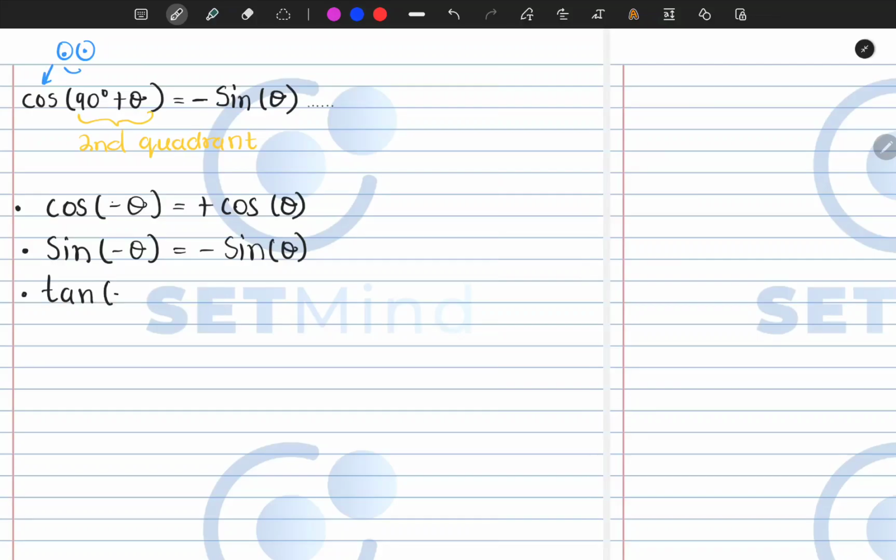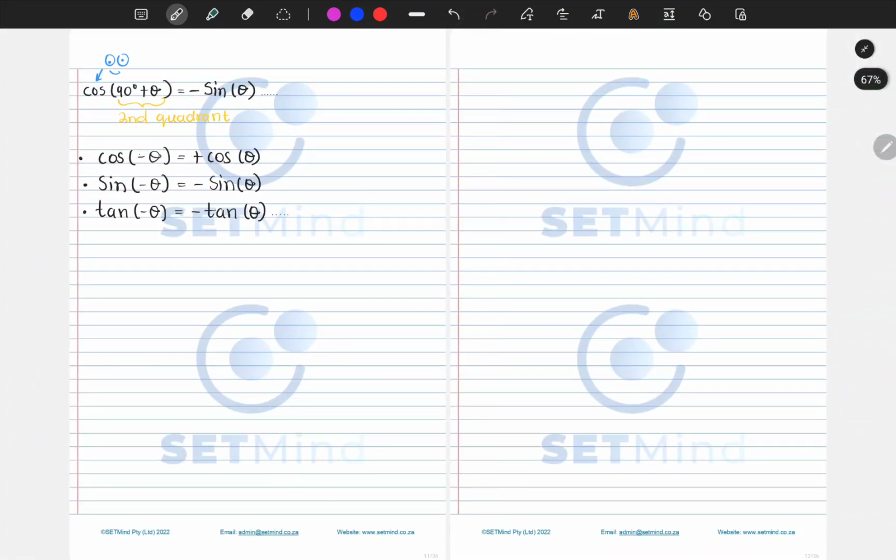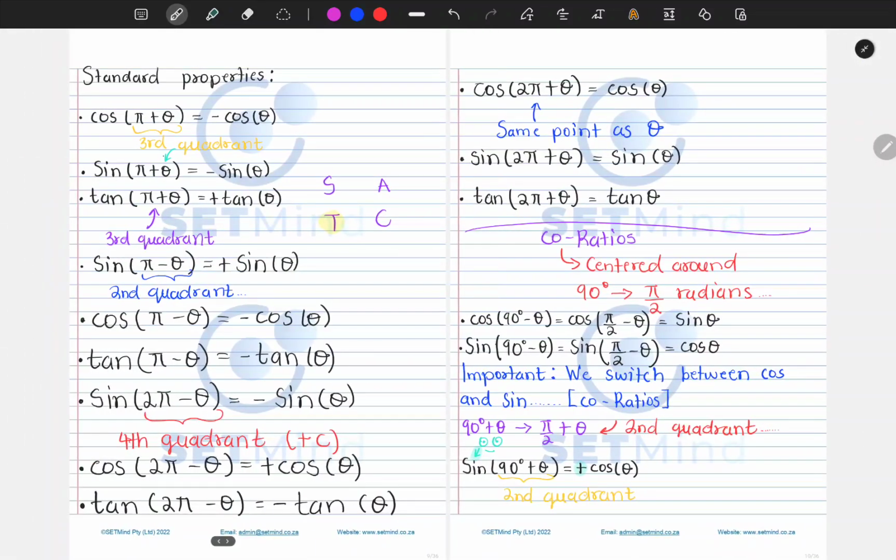And when we have tan of negative theta, the answer is always negative tan of theta. These are very important for you to make sure that you understand all of these. If you understand them, you are good and set to understand trigonometry.